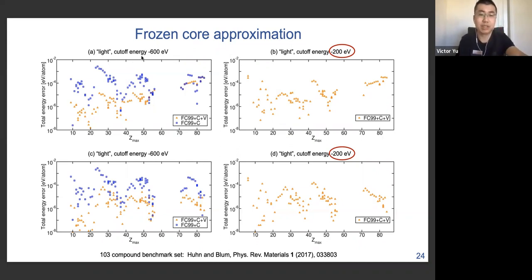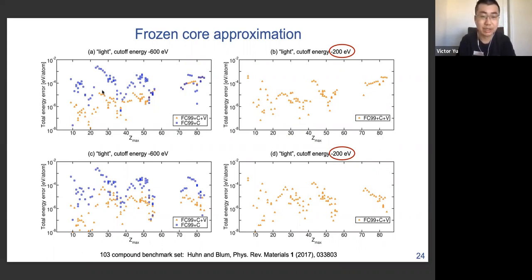The cutoff energy here basically means that orbitals whose energy is below -600 eV are frozen. And here the cutoff is -200 eV. We can see that for all the 103 compound materials, the error in the total energy is very small.